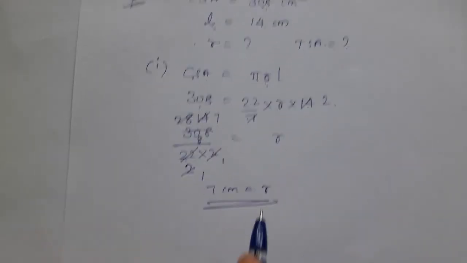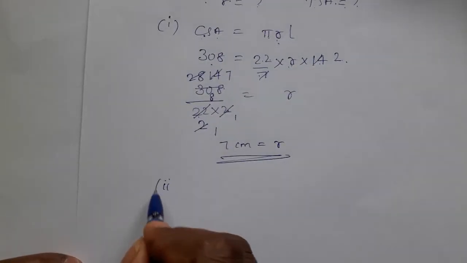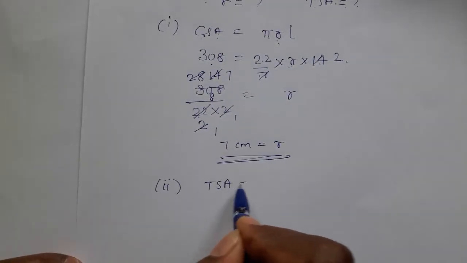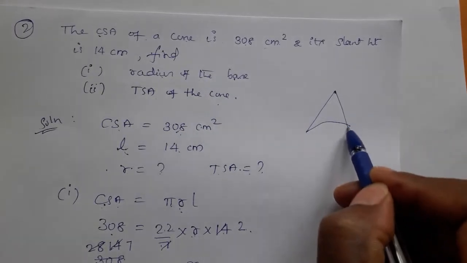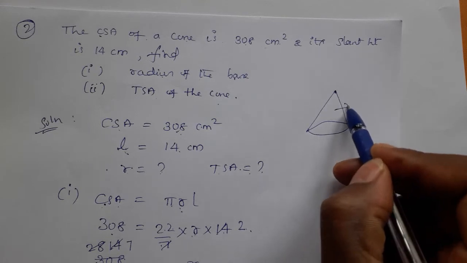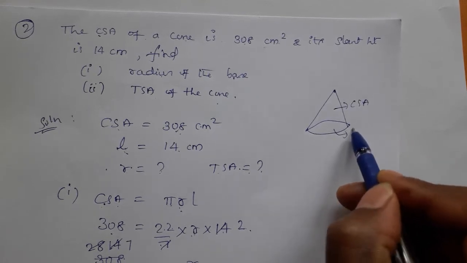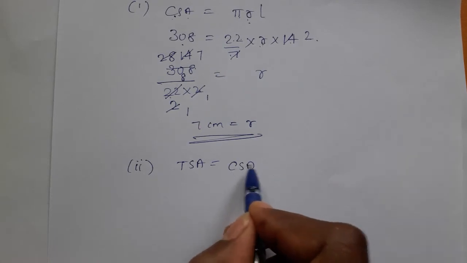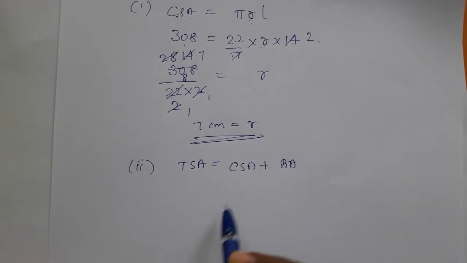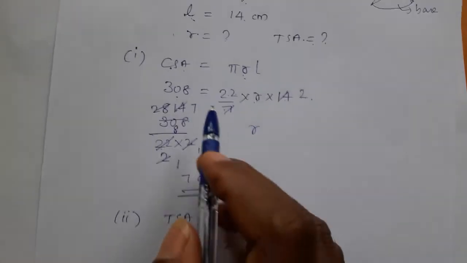Next, find the total surface area. What is total surface area? A cone has a base and a curved surface. This is the curved surface area, this is the base. Together they make the total surface area. Total surface area is equal to curved surface area plus base area. Curved surface area is already given, 308.